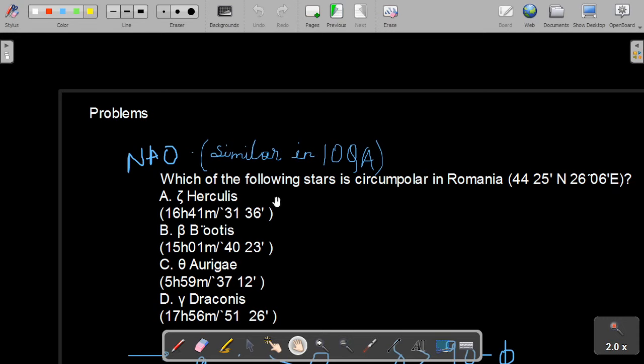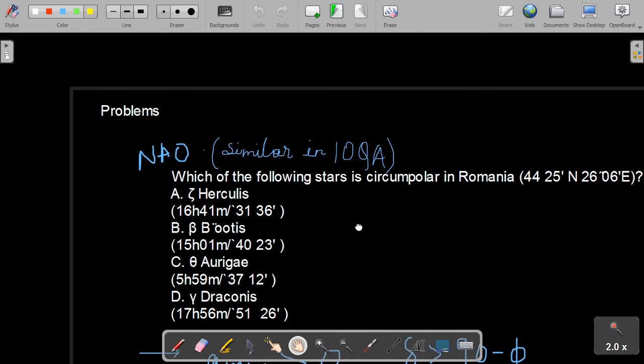And here are the stars. Now basically, it's not that hard, it's pretty easy. As we calculated in the previous section, for circumpolarity you need to have A min greater than 0.